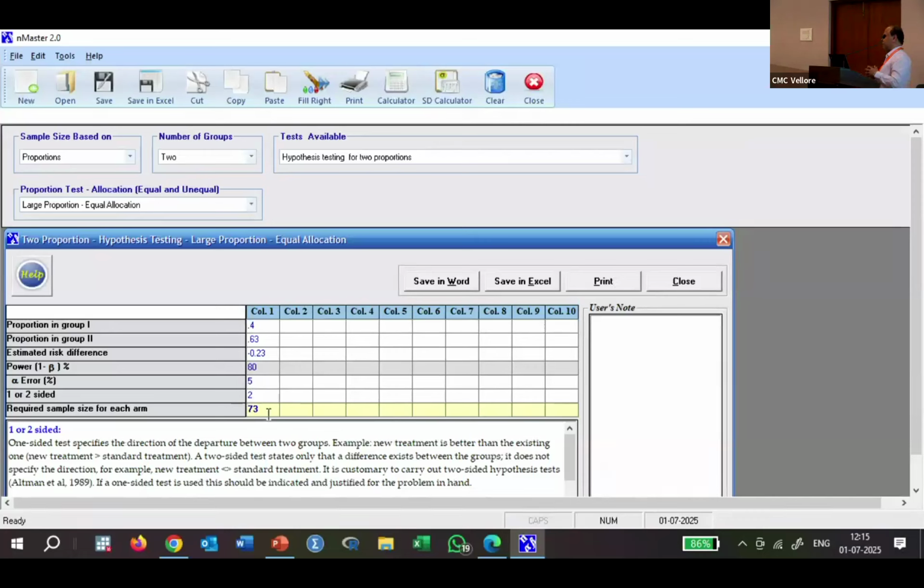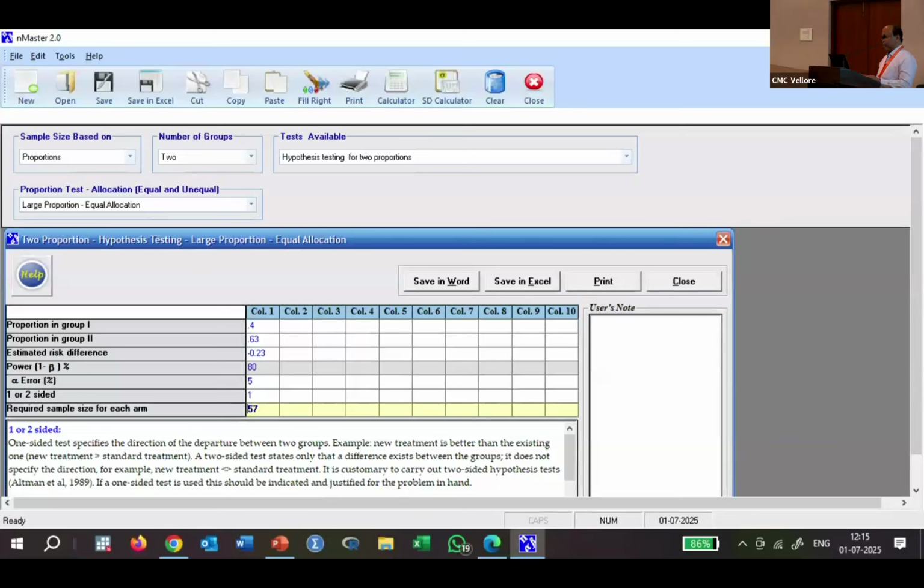So it says 73 in each arm. You understand this? It's very easy. If you wanted to negotiate, instead of a two-sided test, let me have a one-sided test, it will reduce your number. So if you put a one-sided test, it is 57 in each arm, about 60.